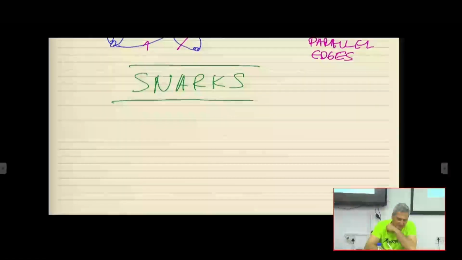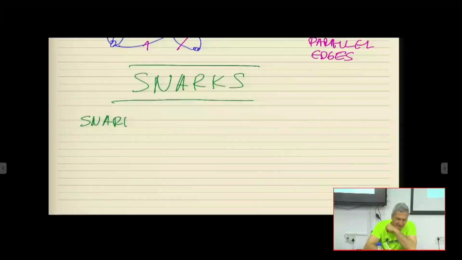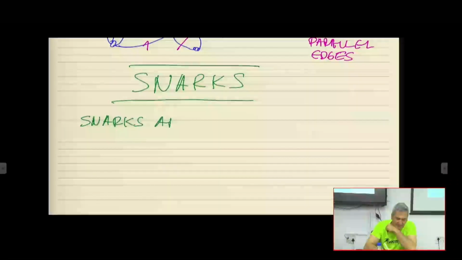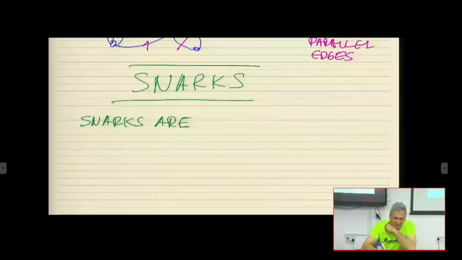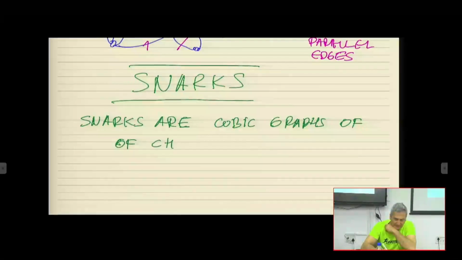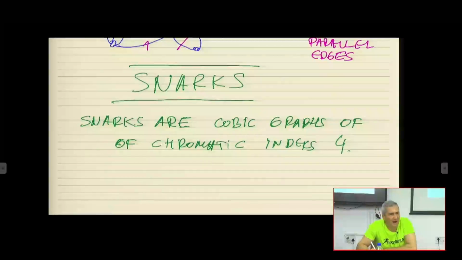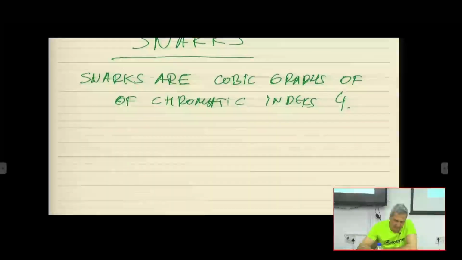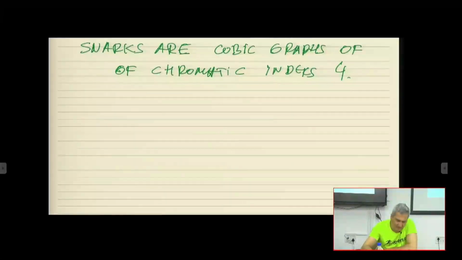Generally, we say snarks are cubic graphs of chromatic index 4. So the cubic graphs which are of class 2.